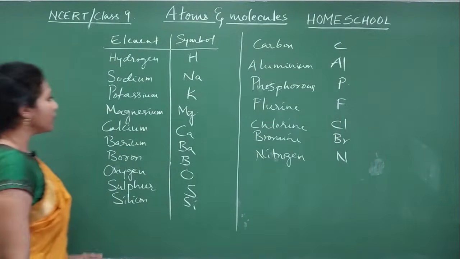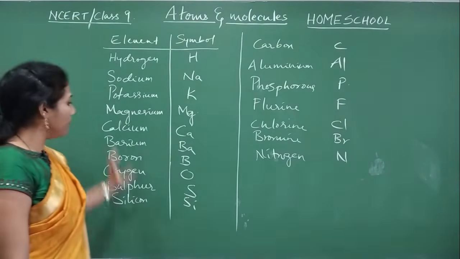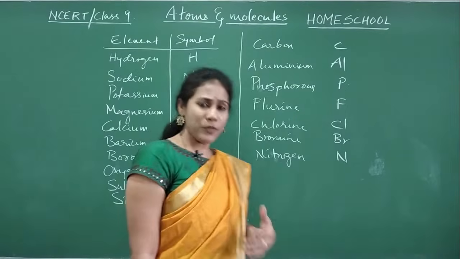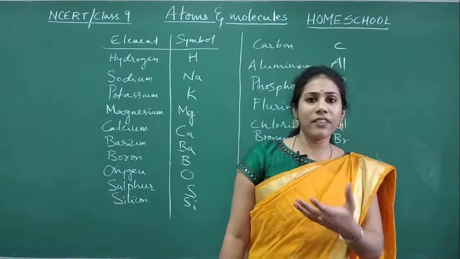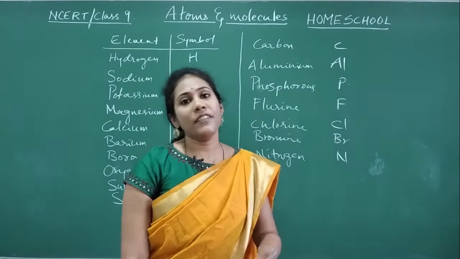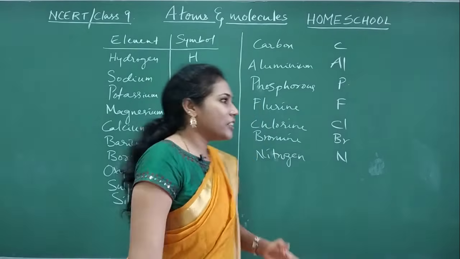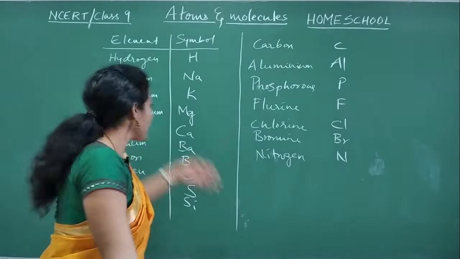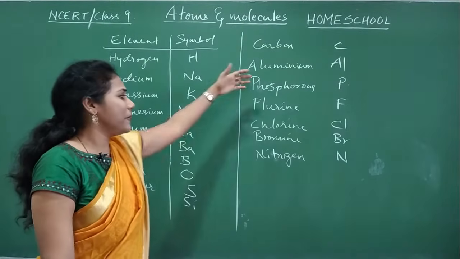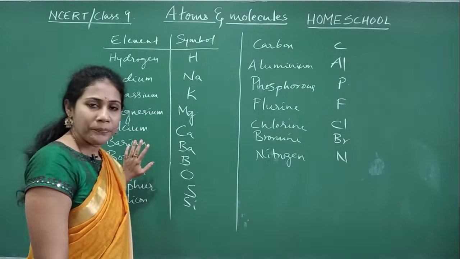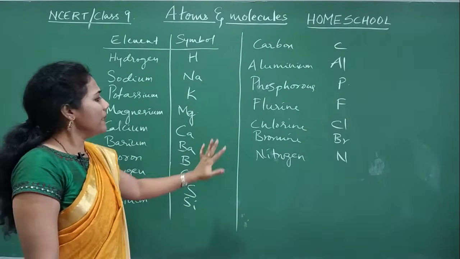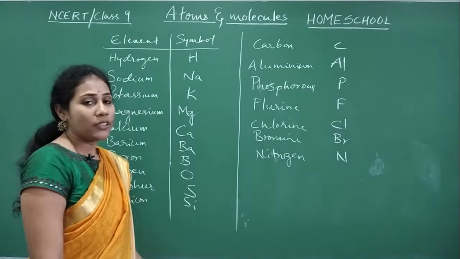So these are some of the important elements that we use in our study. Whenever I give some reactions, they will be reactions of molecules containing one or the other of the elements under this category. So I gave you only the famous elements' names and symbols.